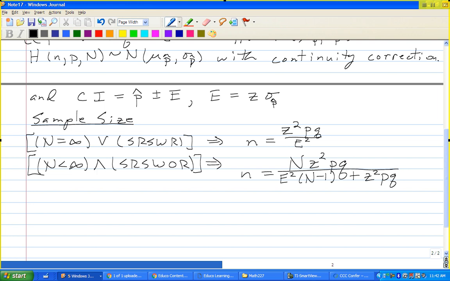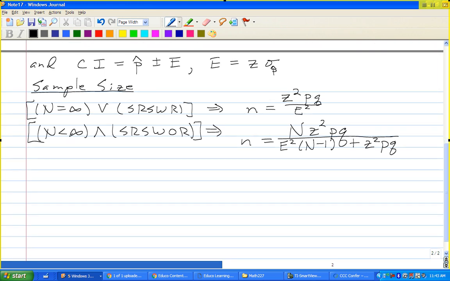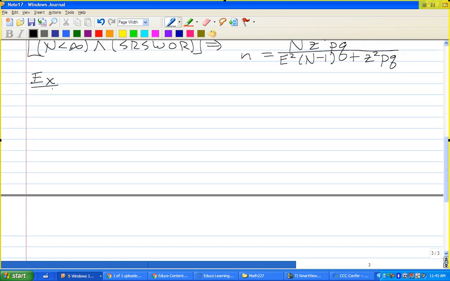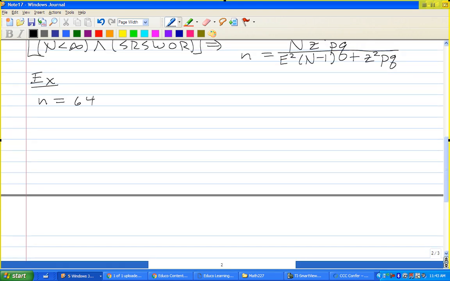So let's do some examples. Let n equal 64. Let the sample proportion equal 0.3.